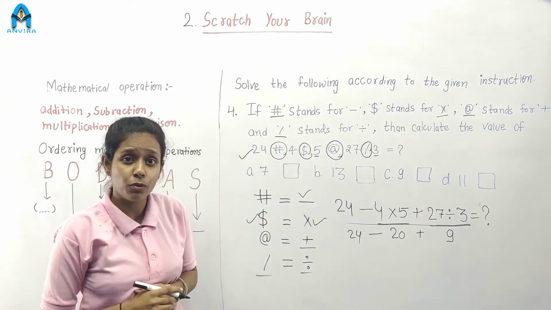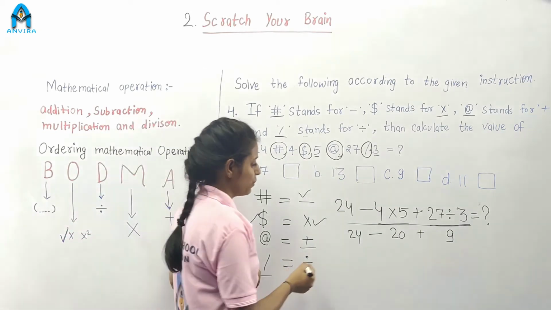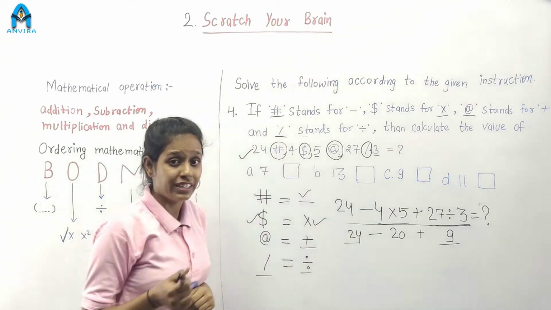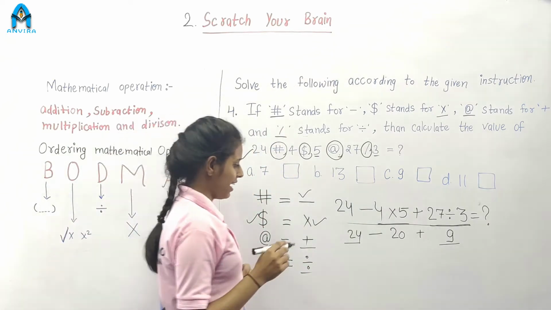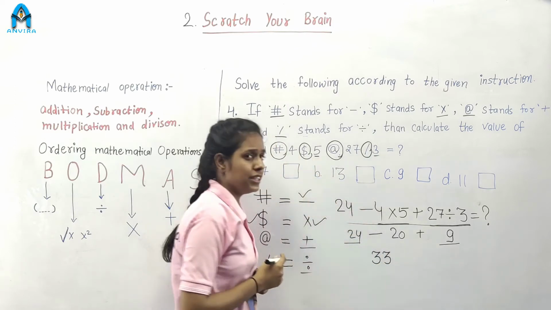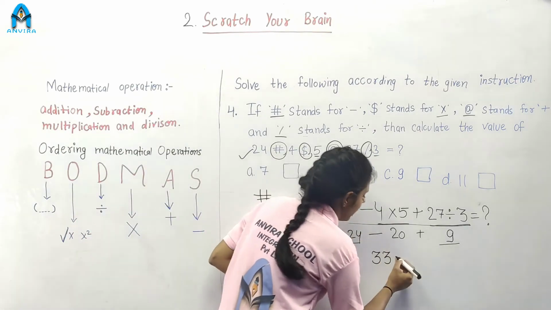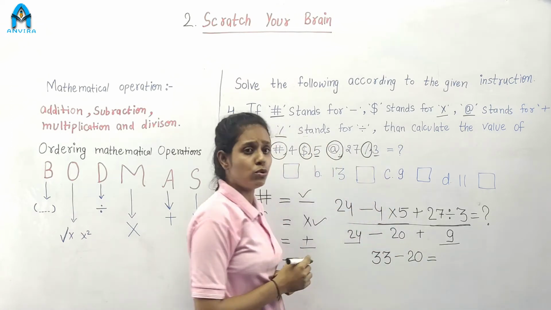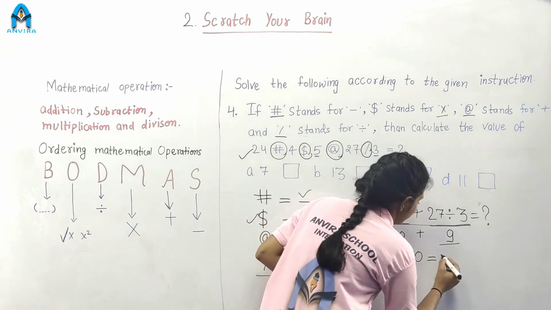First, what do we do? Addition. So 24 plus 9 is 33. Then minus 20 is equal to 13.